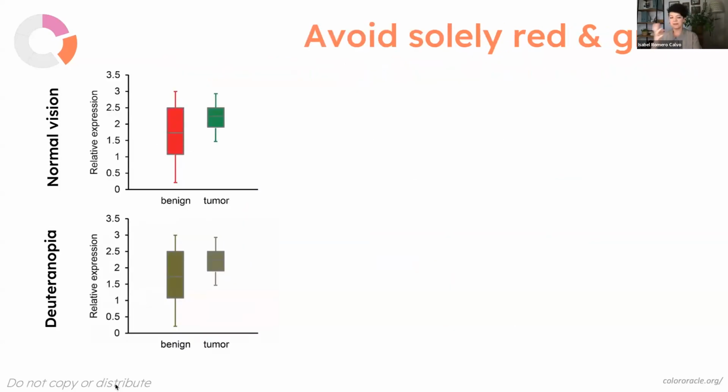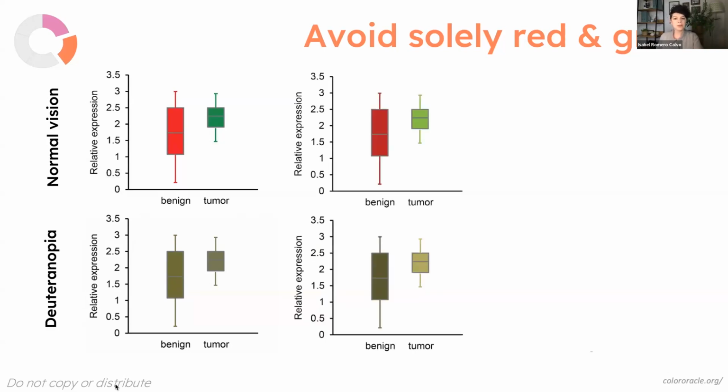Unfortunately, the use of red and green combined is very widespread. It's still a lot in use. But if we can avoid the single use of red and green together, it would be fantastic, because the problem when we apply a color blindness filter is that we lose all that information. You can see that in the bottom. If you have to use these colors, there is a way to fix the problem.